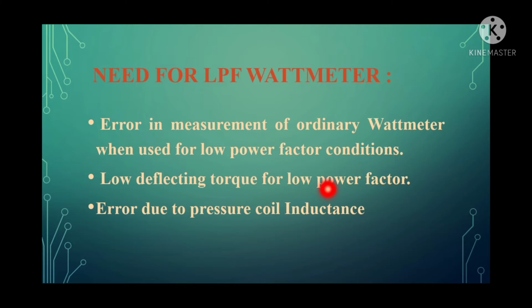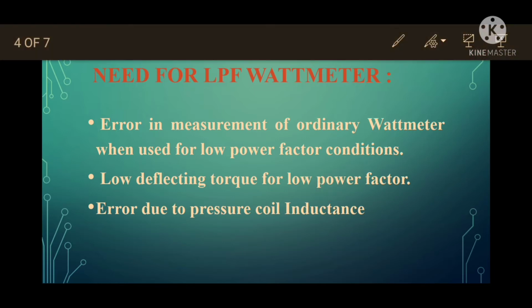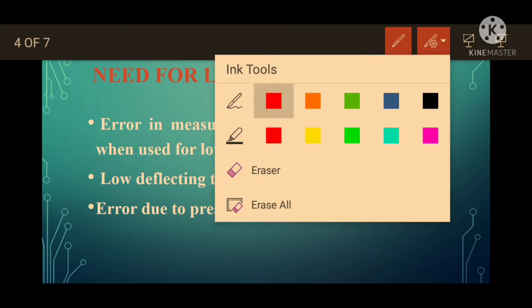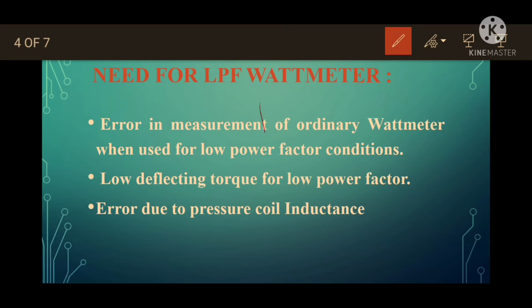We would have already studied the torque equation for an electrodynamometer wattmeter. The torque equation is TD equal to I_P I_C K cos phi dM by d theta. So in the case of electrodynamometer wattmeter, the torque equation depends on the current values in both the pressure as well as current coil and the power factor condition.